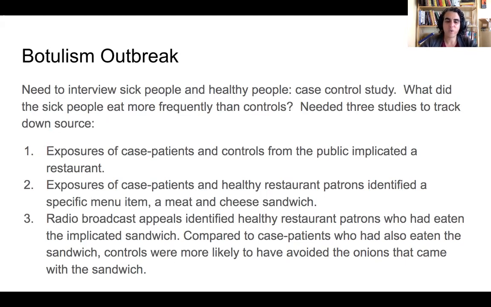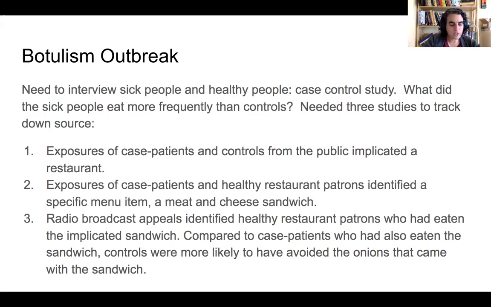So in this case, they were able to identify very specifically the part of a specific dish at the specific restaurant that was responsible for this botulism outbreak. They don't always investigate food outbreaks in this much detail, but it's an interesting model to look at. In each case, they had a case group, and they tried to find a control group that was as similar as possible to the case group in order to narrow down the source of the outbreak.